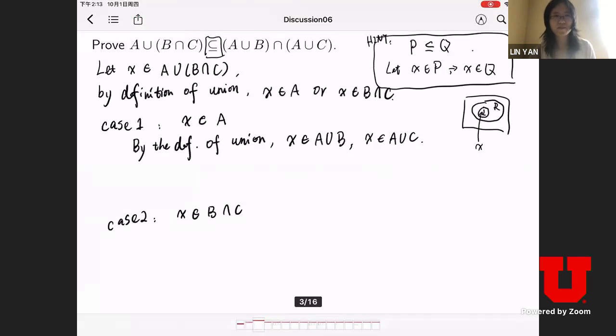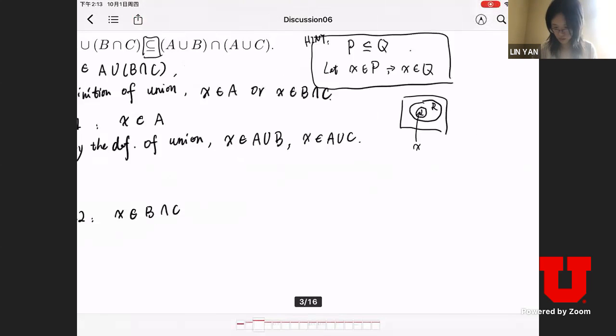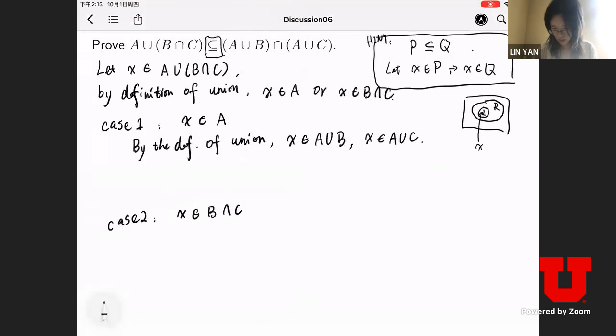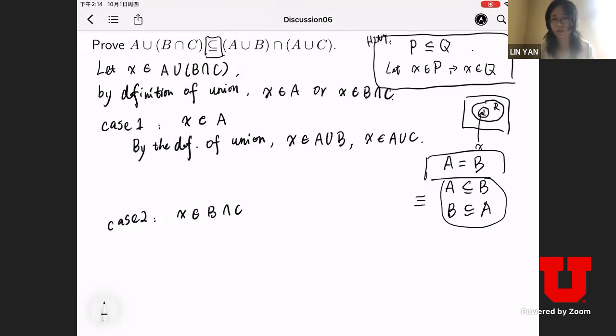Yes, they are the same, but although A is equal to B means A is a subset of B, and B is also a subset of A, this one is equivalent to these two statements. Yes, but in this, okay, yes, you can do that. This is a good point.